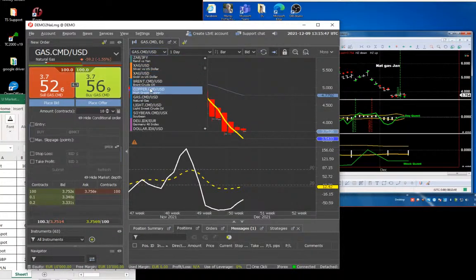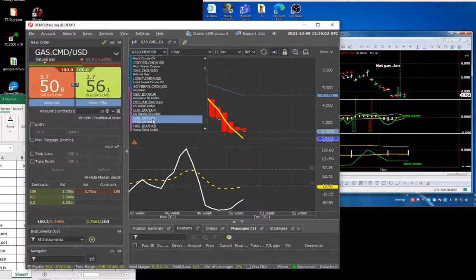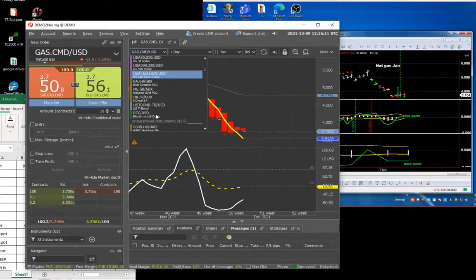There's Brent, there's copper, there's gas, there's light, there's SUI, there's, what is that? That is Germany something index. I think there's another gas on here somewhere. Let's see if it correlates to what we heard about it going to $33. There's Bitcoin, there's bonds, there's your 10, is that the T-bond? That's the T-bond, so that's a 30-year.